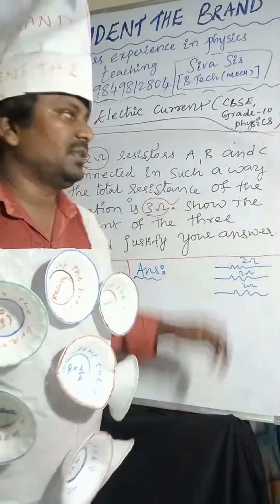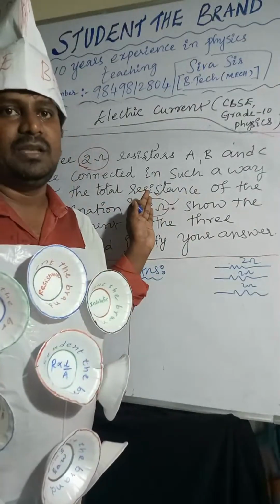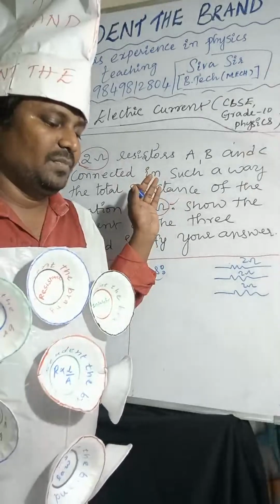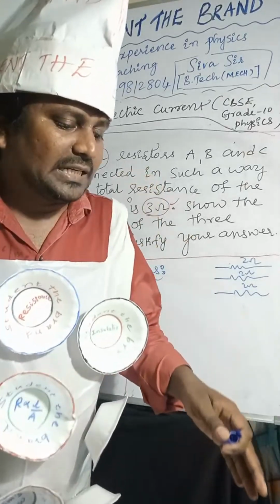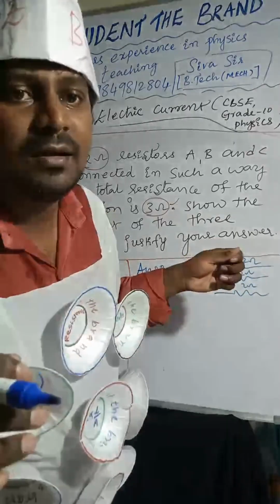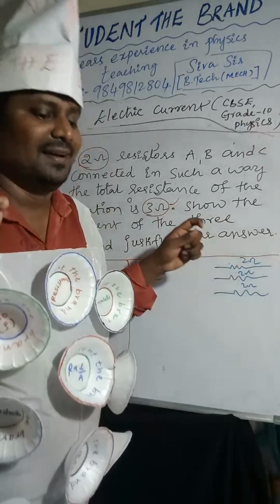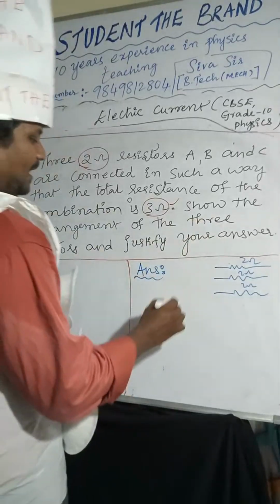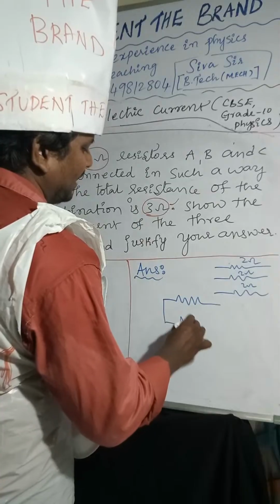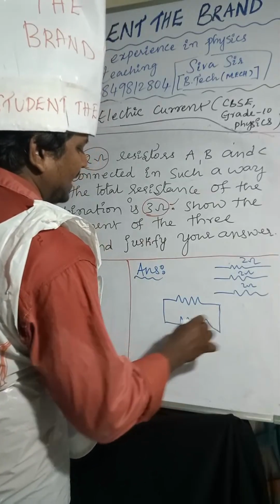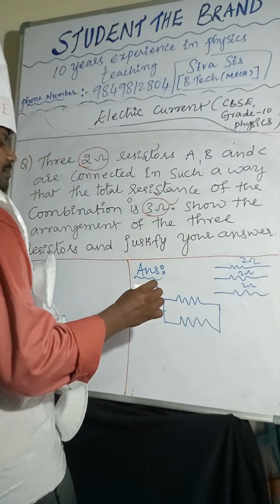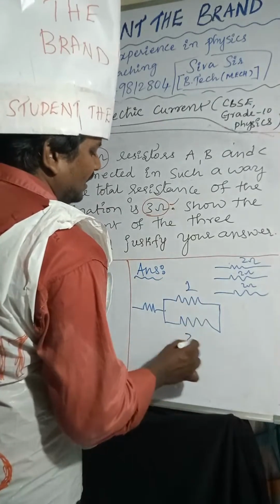I want a 3 ohm resistance as the final answer. How can you connect them? So here you can see I'm taking 2 in parallel, and 1 in series.